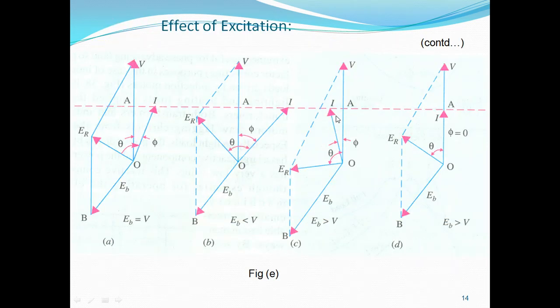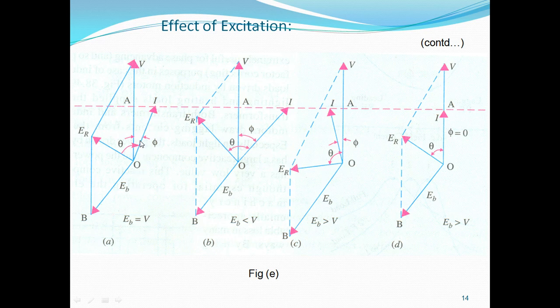This is leading power factor. This is lagging power factor. This is also lagging power factor. So at some particular excitation, when EB is equal to V, it is called normal excitation.